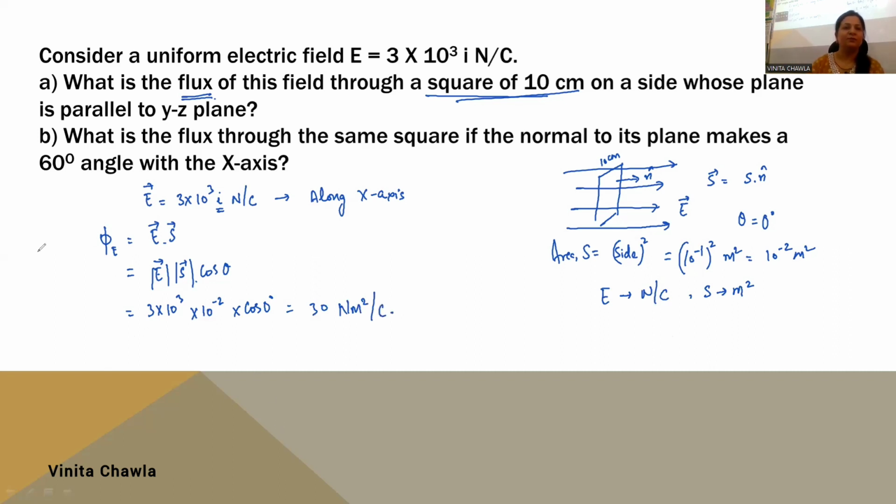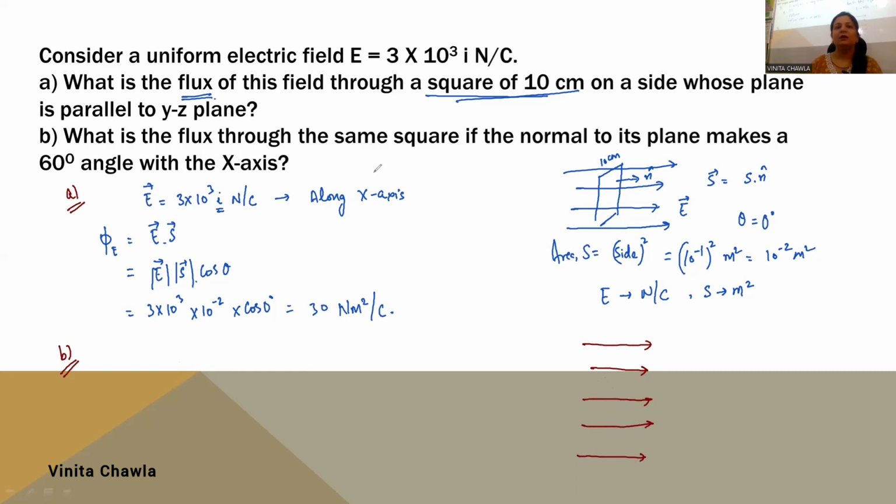Okay. Next, second part, B. This was A, now we are doing part B. What is the flux through the same square if the normal to its plane makes an angle of 60 degree with the x-axis? Normal to its plane means, we have the electric field intensity pointing in this direction.